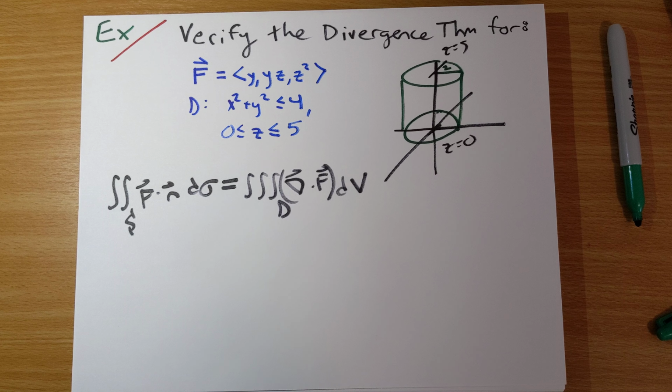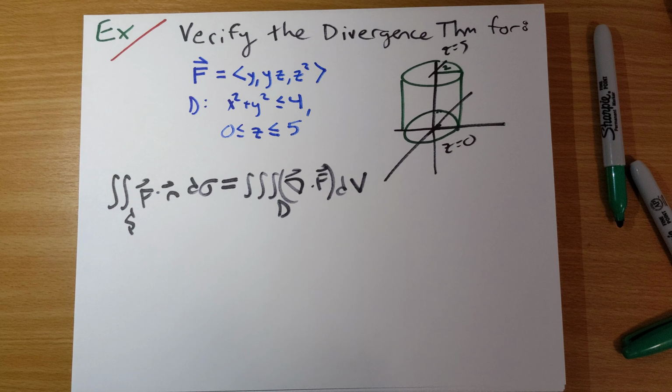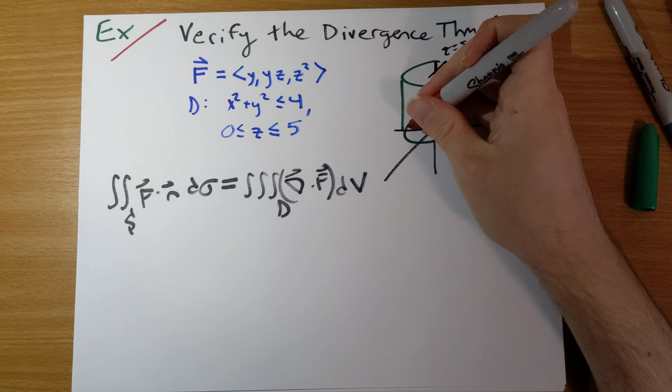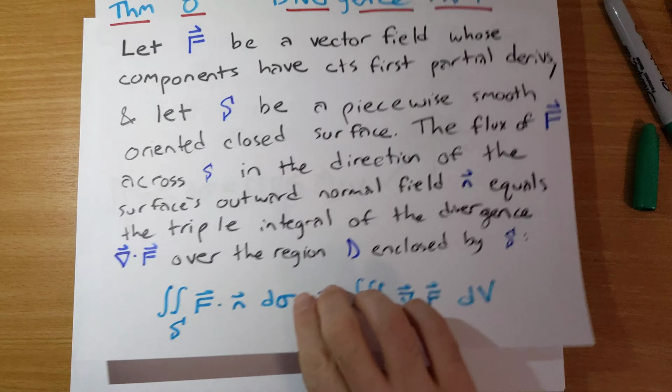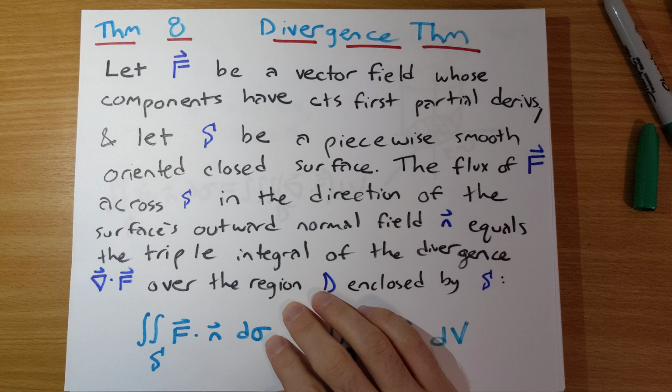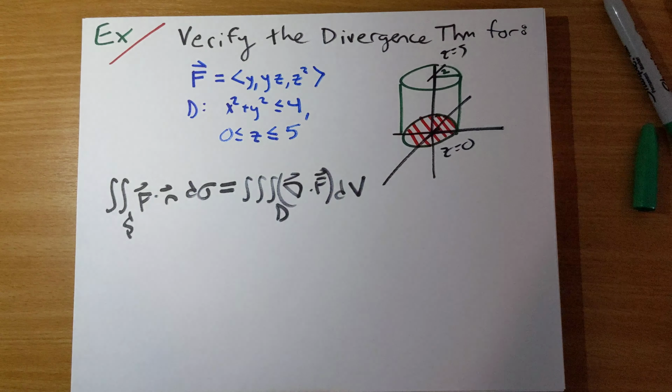On the left here, it's going to be surface integrals, and there are going to be 3 separate parts of the surface. Remember, we are assuming here that our surface is closed. It doesn't have any boundaries or sharp edges to it.